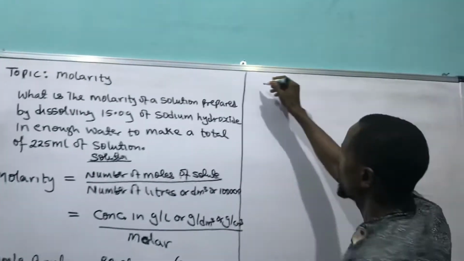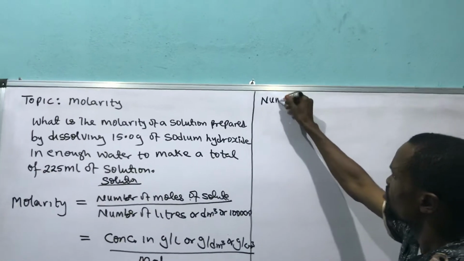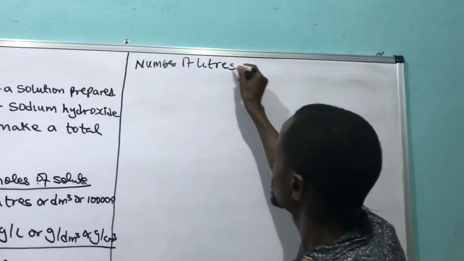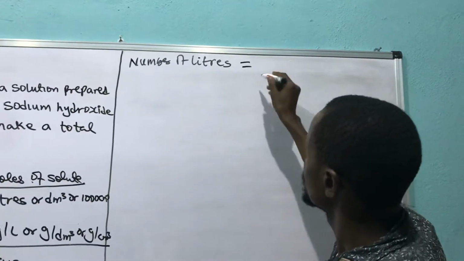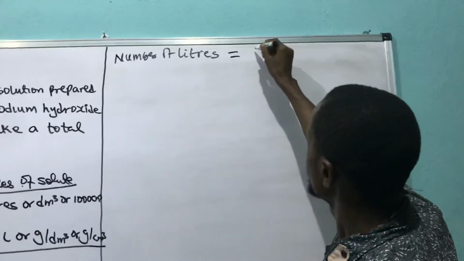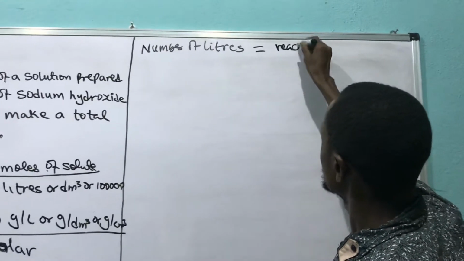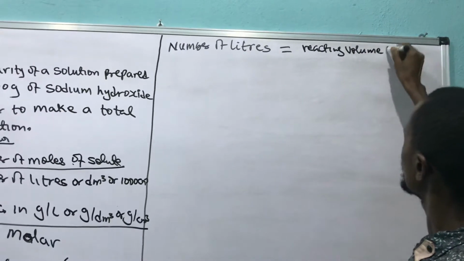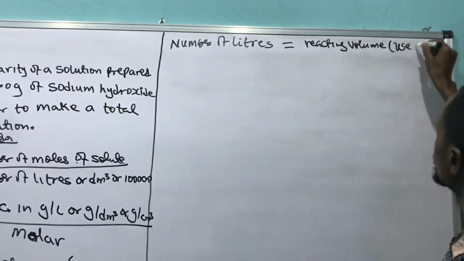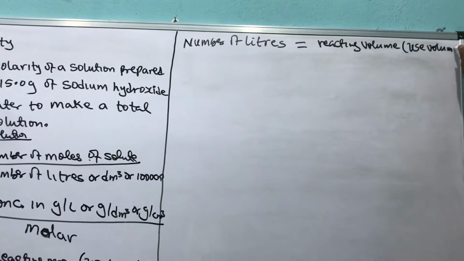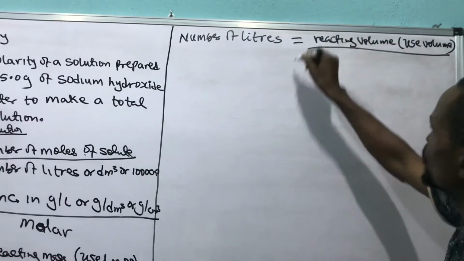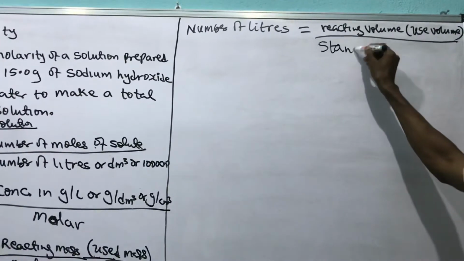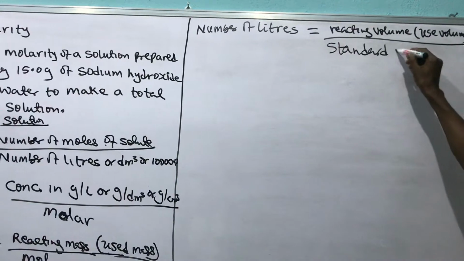Then I need my number of liters. Let's come here. I say number of liters is equal to reacting volume, or what we call used volume, all over standard volume.